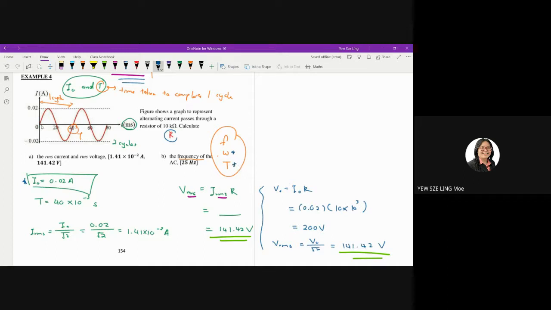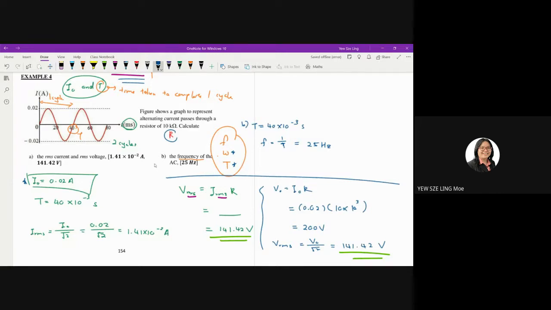Yes, because from the graph, we obtain period T equals 40 times 10 to the power of negative 3 seconds. By applying the equation f equals 1 over T, we obtain frequency equals 25 hertz. That is the answer for question B.